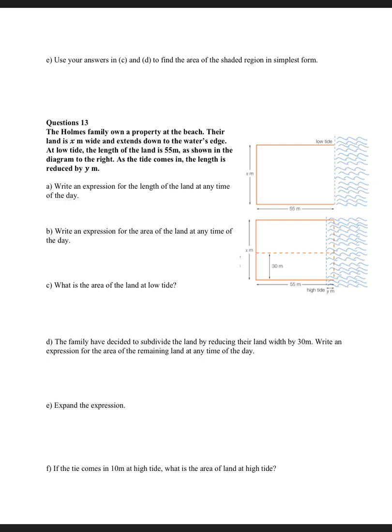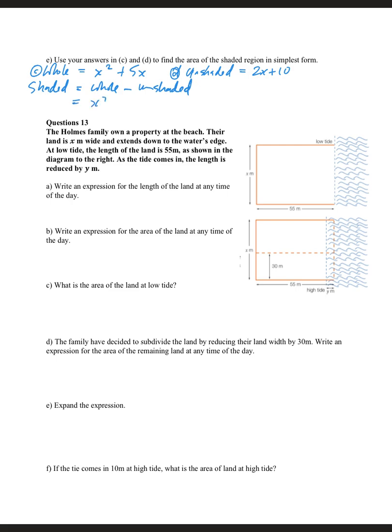All right. So this page, use your answers in C and D to find the area of the shaded region in simplest form. Well, C told me that the area of the whole thing was x squared plus 5x. And then the answer to D told me that the unshaded was 2x plus 10. So the shaded area is going to be the whole minus the unshaded.